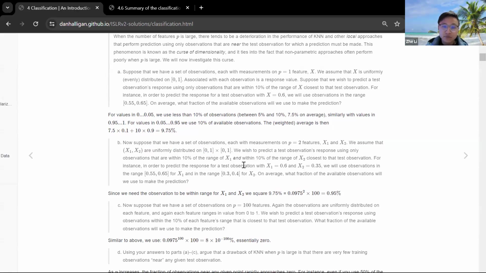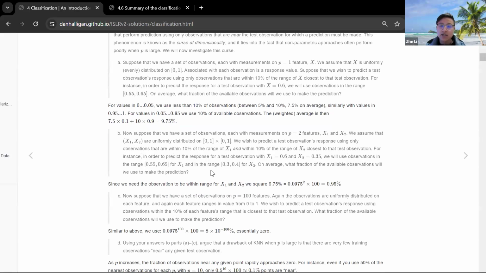So in this case, we will assume that the point of interest is 0.6 and 0.35. We want to capture the area around this point. We can take the length and the width and multiply them together to get a quadratic form.